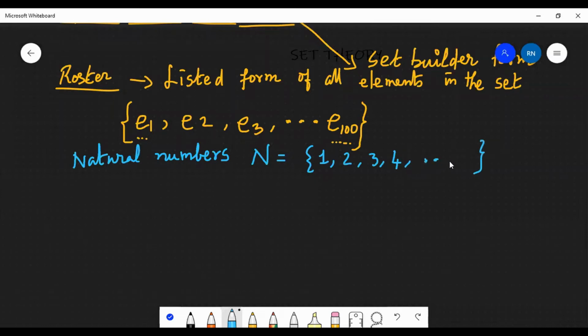Dots, not 100, it is infinite. The number does not end at 100. When you leave it at dots with no ending number, it indicates the list is never ending.